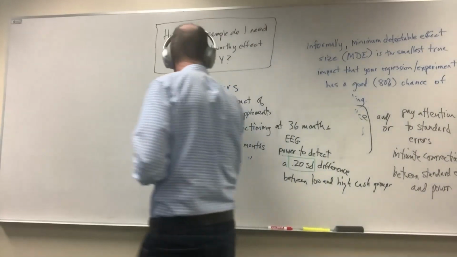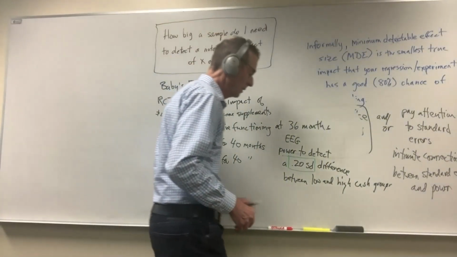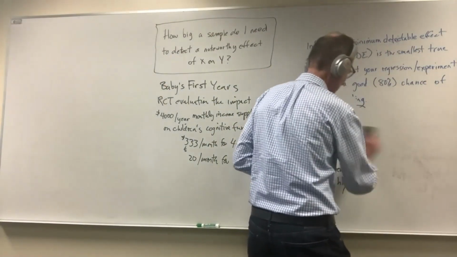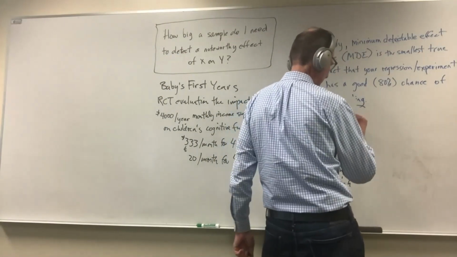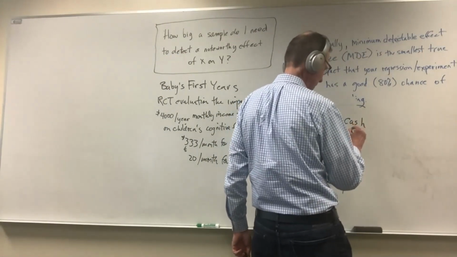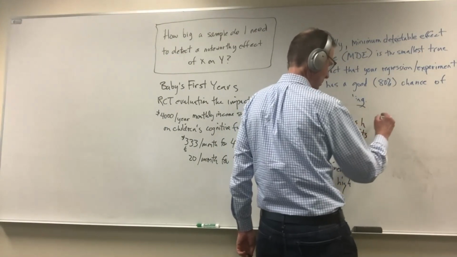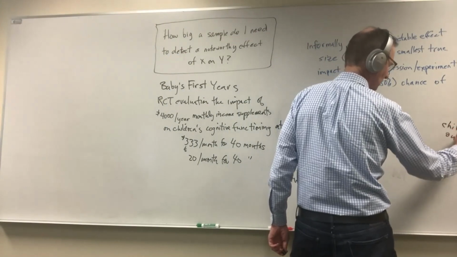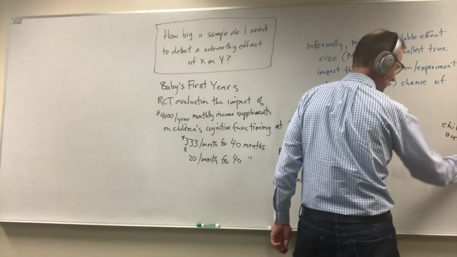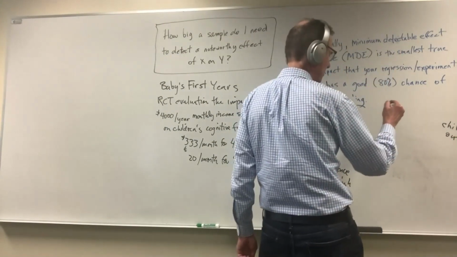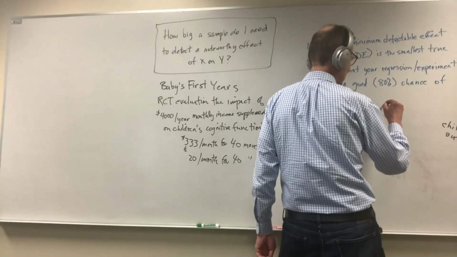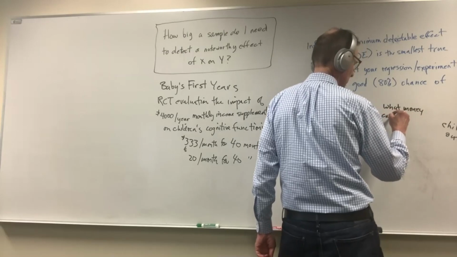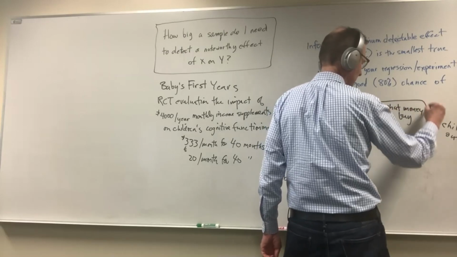And we did have a theory of change where the cash gifts, income supplementation, would affect child outcomes either through a what money can buy pathway.